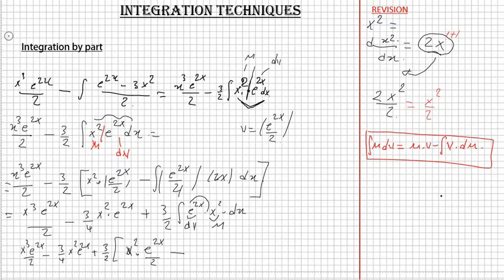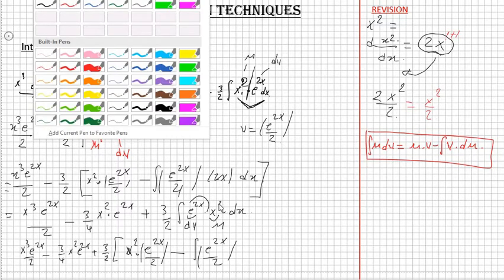And then we have minus the integral of, so repeat v. What is v? V represents all these parts. So we're going to copy it, and then next we are going to derive u. One thing here, that's supposed to be x only, not x to the power of 2.